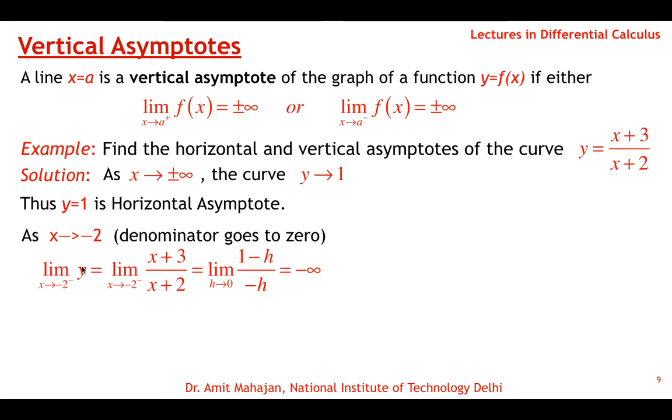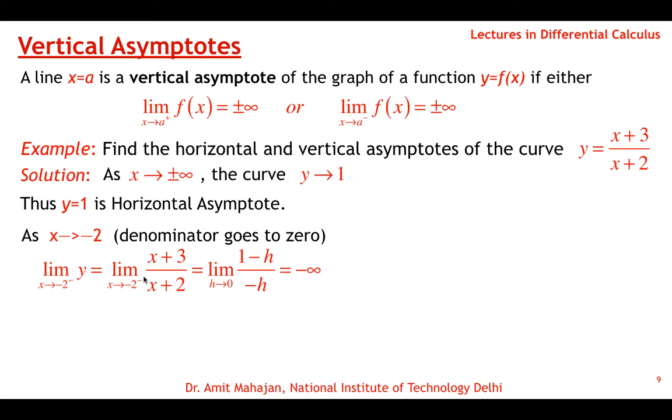Okay, so the limit when we approach minus 2 from the left, for the x values which are smaller than minus 2. Okay, so on this function we can substitute x as minus 2 minus h. Okay, so numbers which are smaller than minus 2 can be written as minus 2 minus h for h positive.